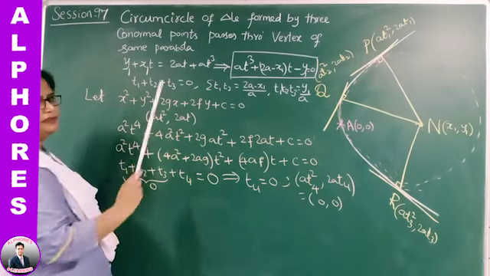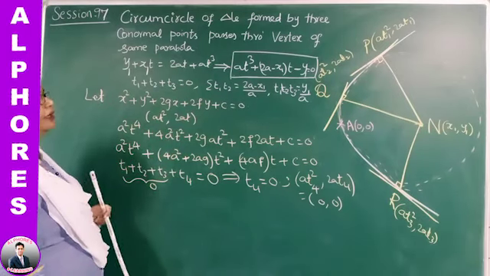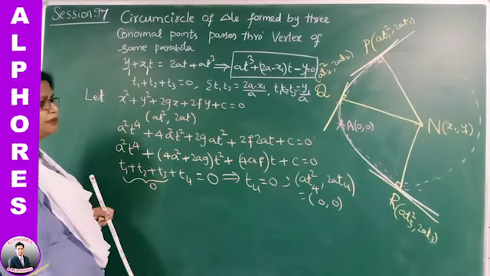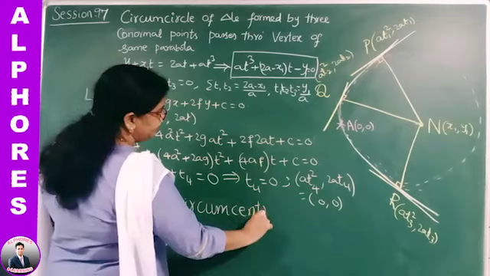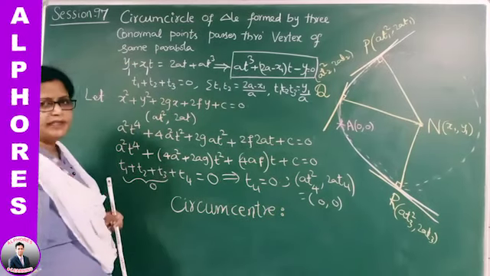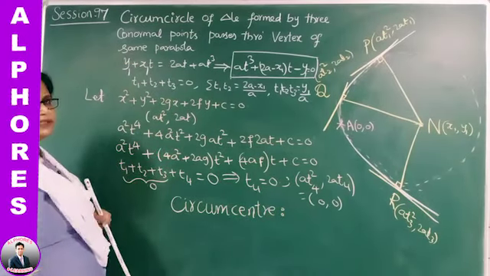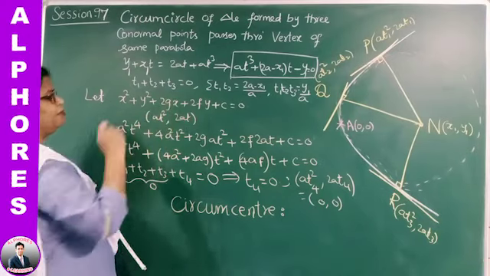Even this you can use for any kind of parabola. Next our interest: suppose you may think about what is the center of that circumcircle. What is the center? If you take that, it is the circumcenter. Understand? Circumcenter, suppose I want to take. So what is the circumcenter? All of you know, for this circle it is (minus g, minus f).